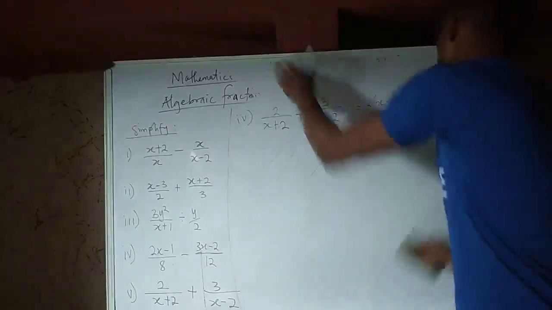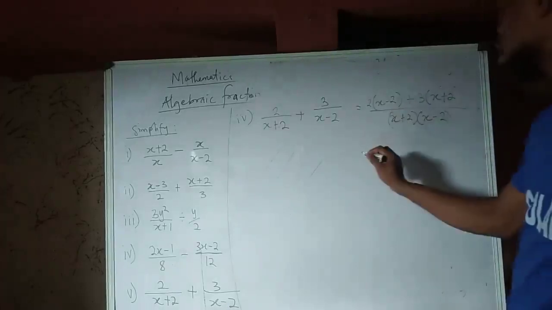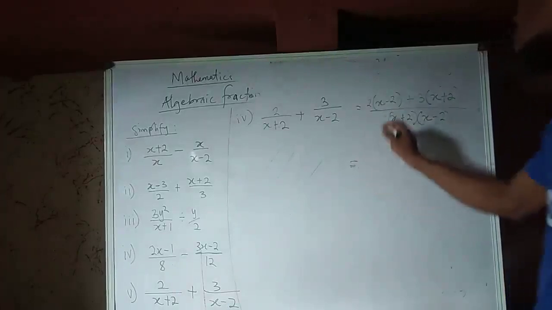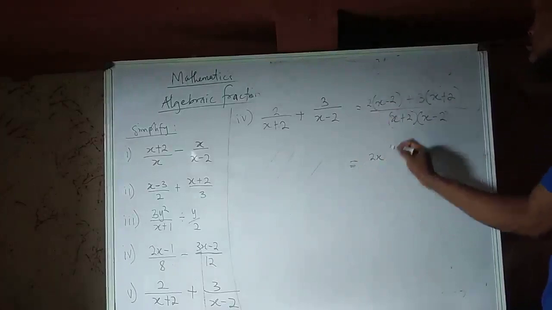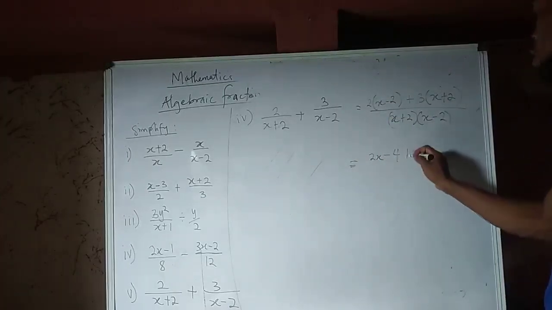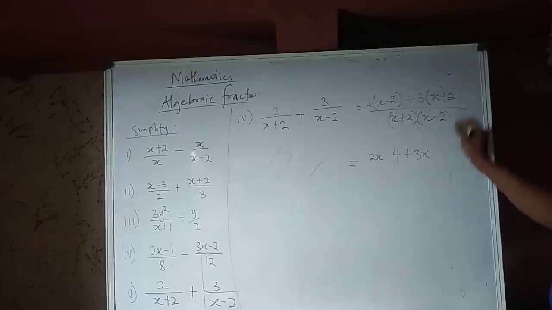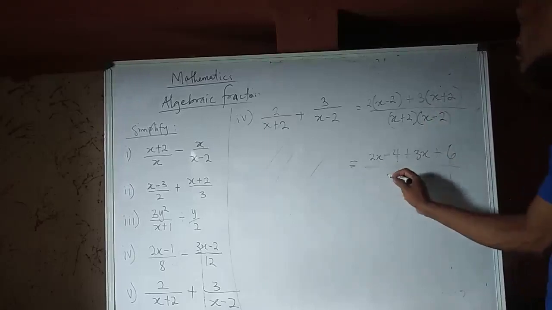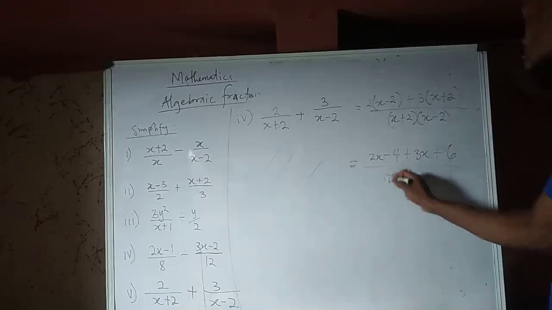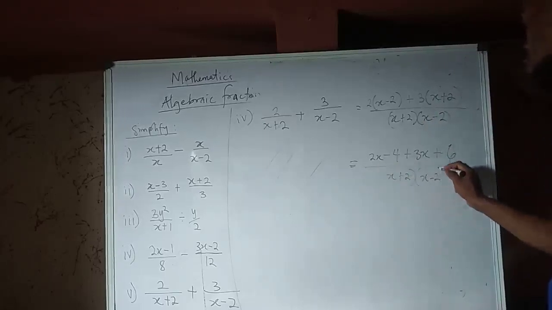Now we can clear the brackets. 2 times x gives us 2x. 2 times minus 2 gives us minus 4. Plus 3 times x gives us plus 3x. Plus 3 times plus 2 gives us 6. All of this over x plus 2 and x minus 2.